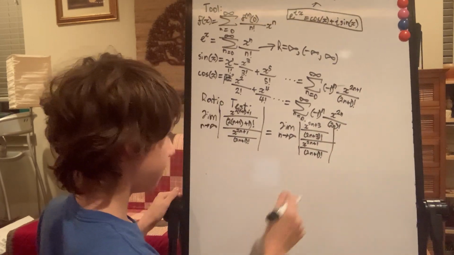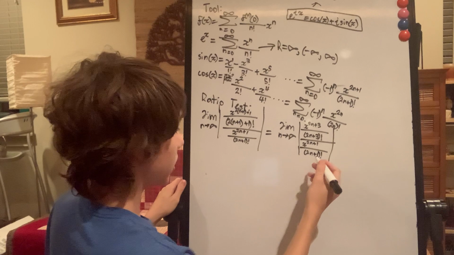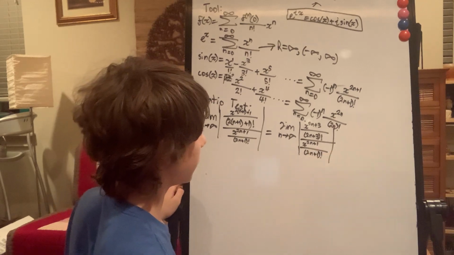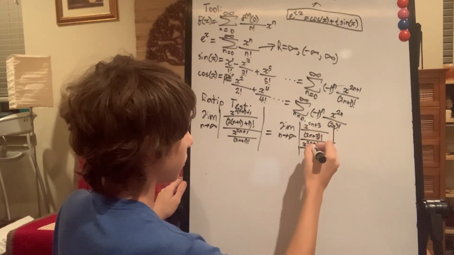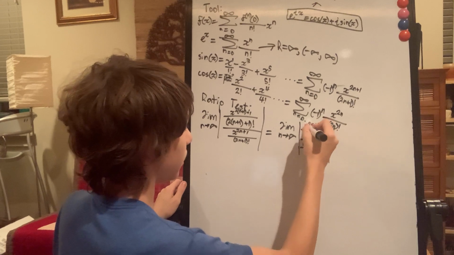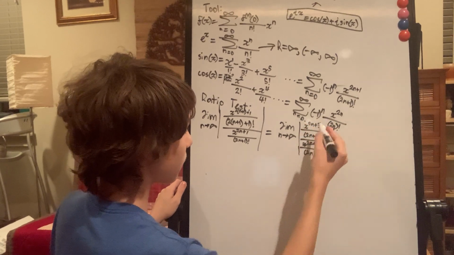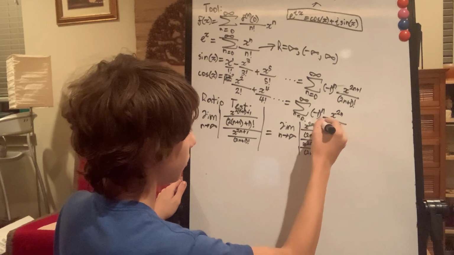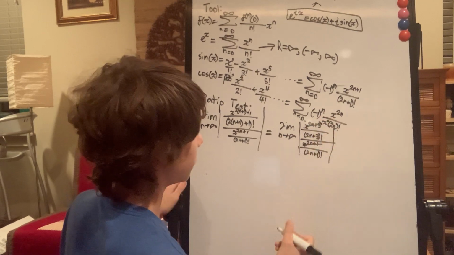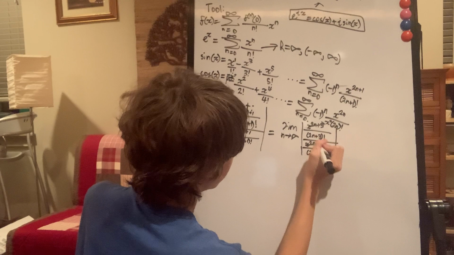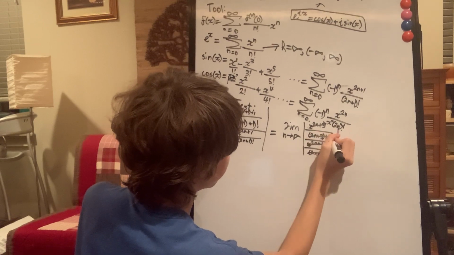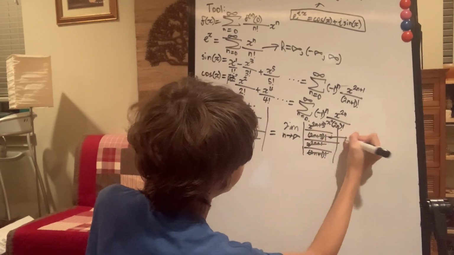Okay, so quite a bit will cancel. Here this will cancel, and we're just going to be left with x squared.